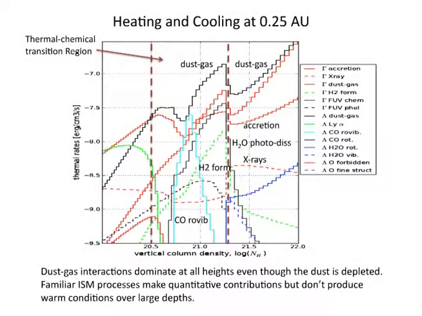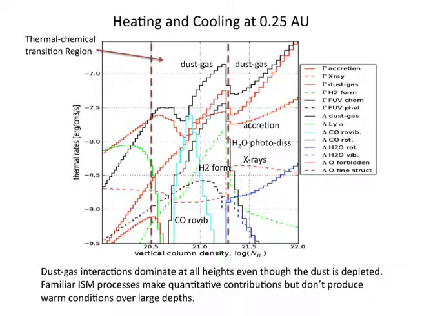So let me speed up and just show you the thermal model that I'm so concerned with. Again, we're plotting as a function of altitude the different heating and cooling mechanisms. The two on top here, the red one is the accretion heating, which plays a very important role all the way through the disk atmosphere.